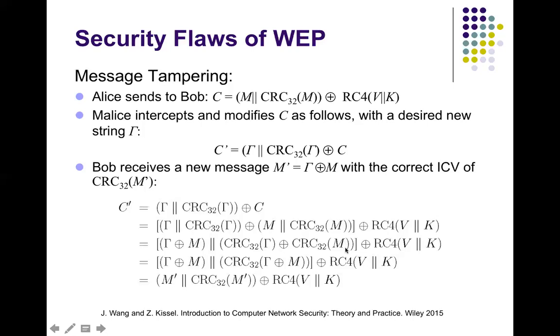And we know CRC32 is linear, so these two are equal to what we saw earlier. You copy this down, and finally you get M prime, with exclusive OR. This is the encrypted form. That means you can tamper with a packet without being detected.